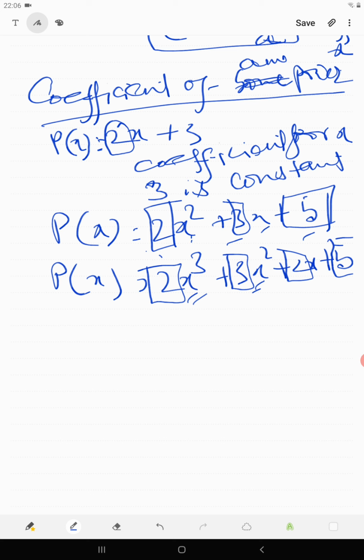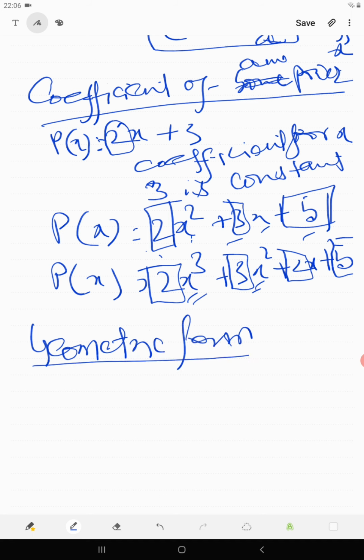Now understand the geometric form. So the geometric form of 0, what does it mean? When I talk about the geometric form, of course it will be with our two-dimensional coordinate system. Here you will get the graph.